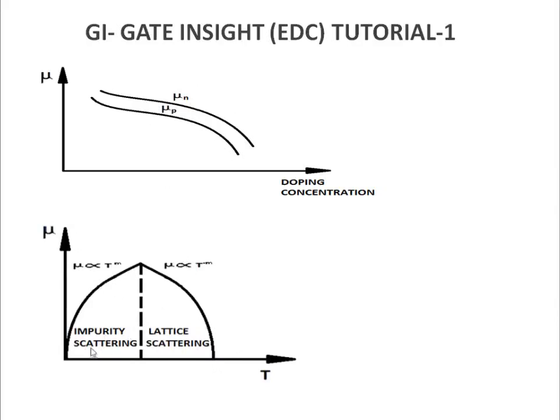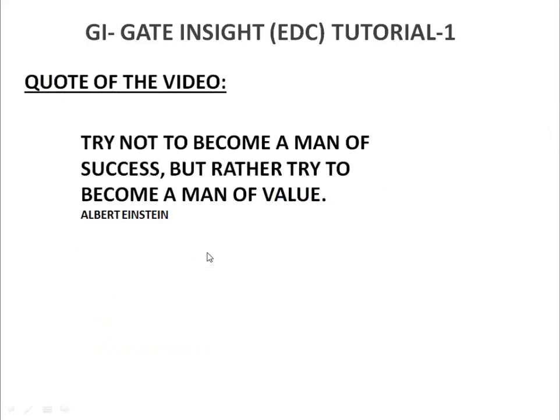So for the impurity scattering, there is increase in the mobility, and as the temperature increases further, there is decrease in the mobility. As you can see in the graph, for impurity scattering, the relation is mu is proportional to T to the power of m, and for lattice scattering, the relation is mu is proportional to T to the power of minus 1.